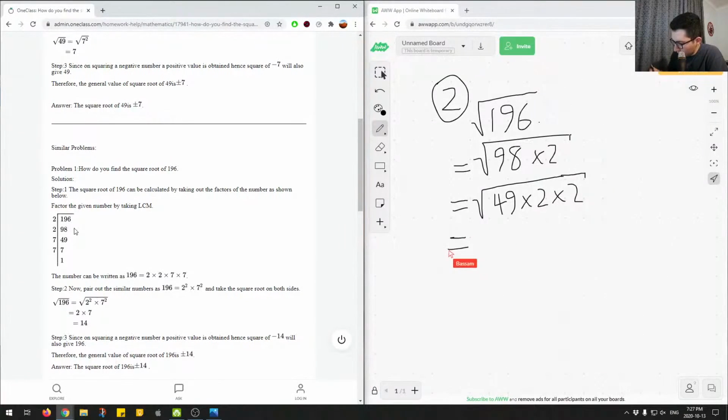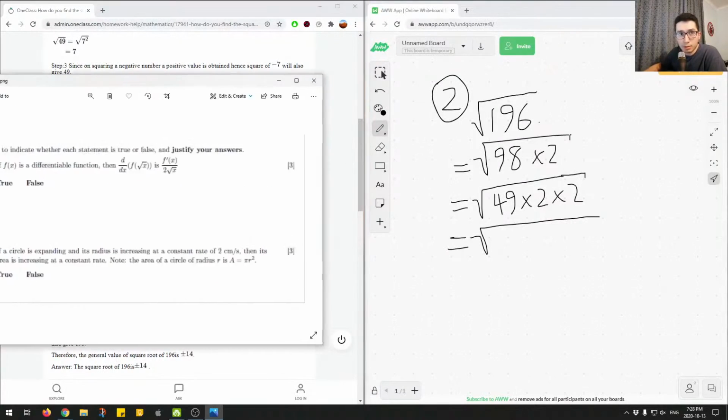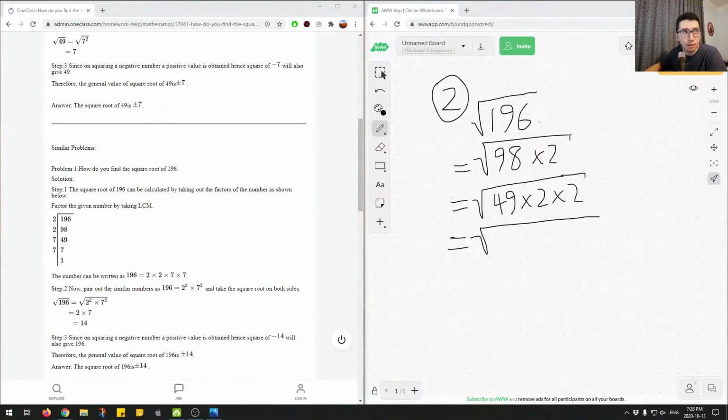We'll go on because we know 49, as we solved above, is 7 times 7.